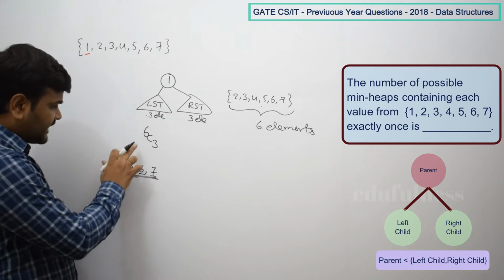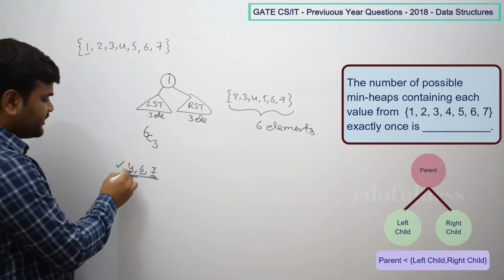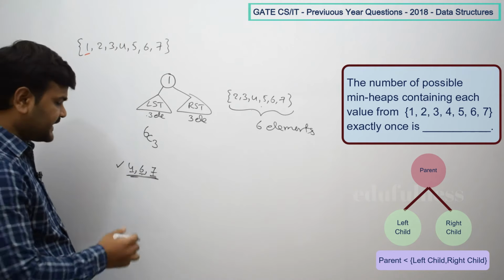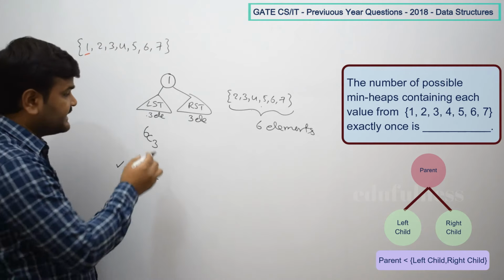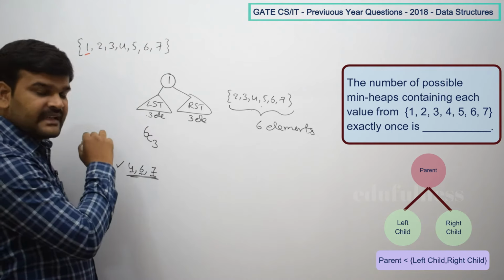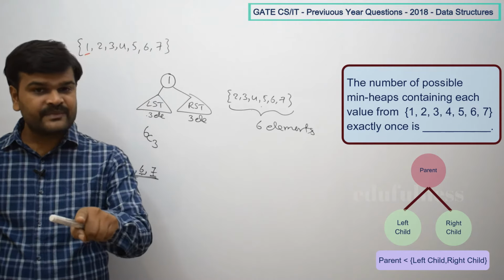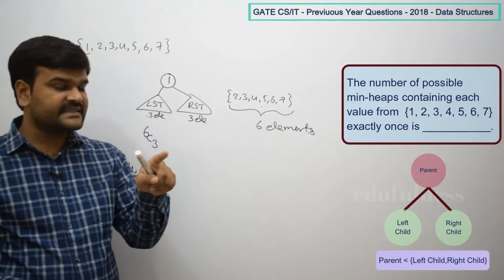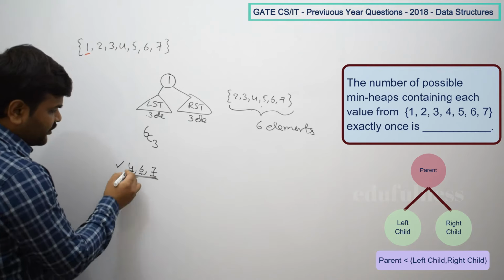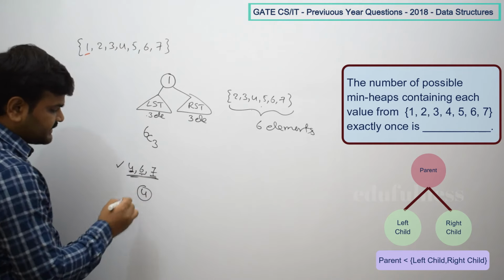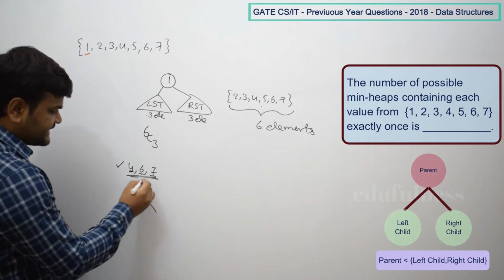In these 4, 6, 7, who will be in the parent position of this subtree? Among these 3 elements also, whichever is the minimum must be the parent in this subtree. So 4 is the minimum element, so 4 must be the parent. Then 6 and 7 remain.